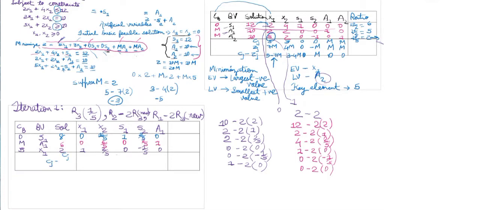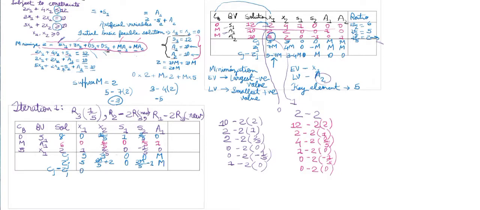Now we'll find cj, zj and cj minus zj. Cj will be the same and zj is found like 0 into 0 plus m into 0 plus 5 into 1. So it's 5, 6m by 5 plus 2, 0, 2m by 5 minus 1 and m.